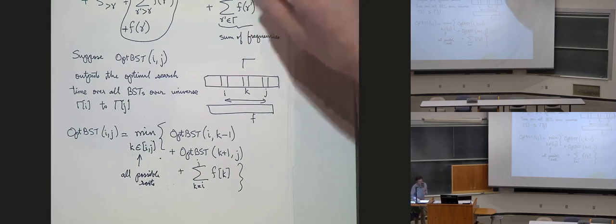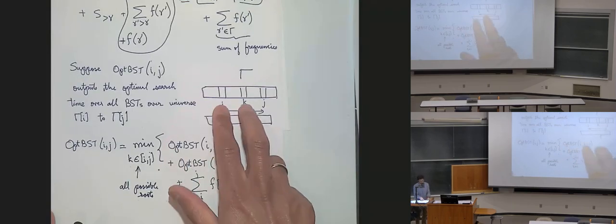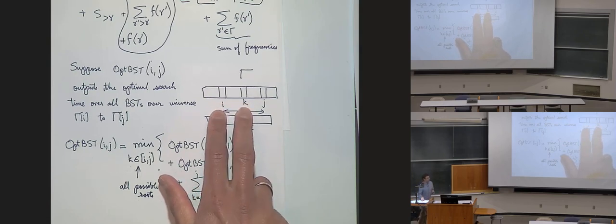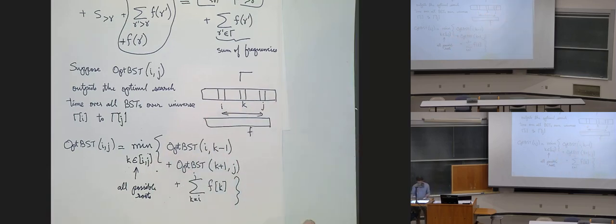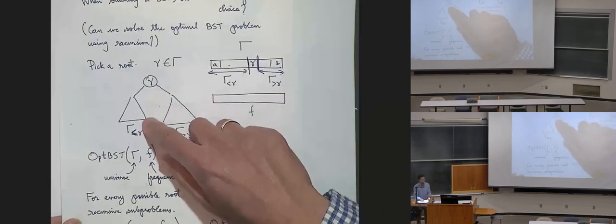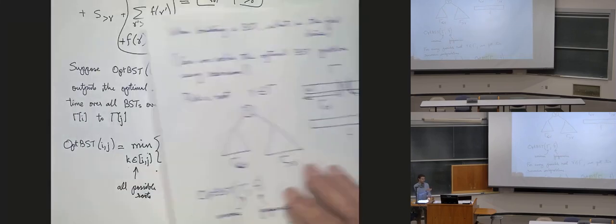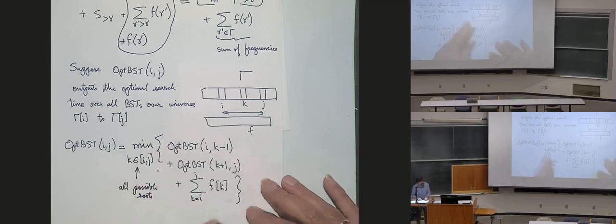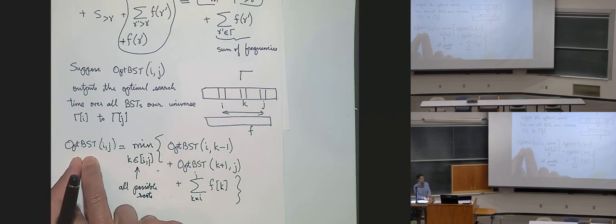The summation of frequencies comes up because once you get the optimal cost of this tree, that is only the search time for that range, for that tree. But when you stitch it together to make this bigger tree, you have to account for the fact that the search time here is now increased by 1 for each of them. And so that's why you add that quantity. Yeah? And so this minimum gives you the optimal binary search tree time, basically.